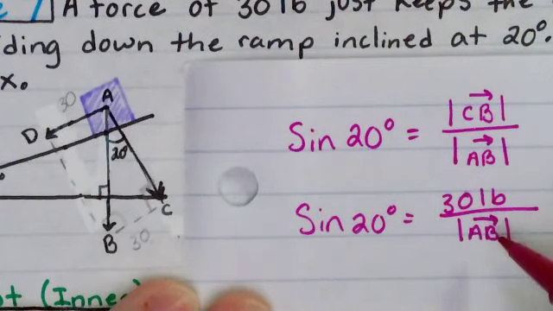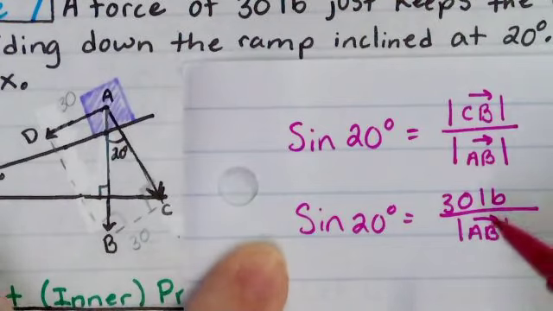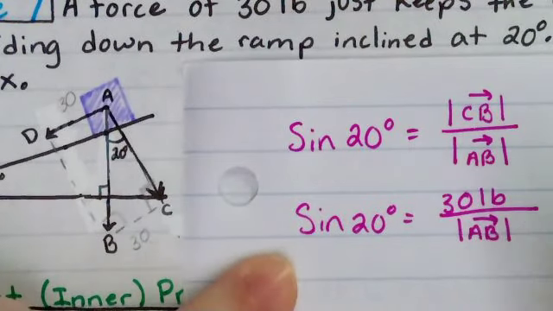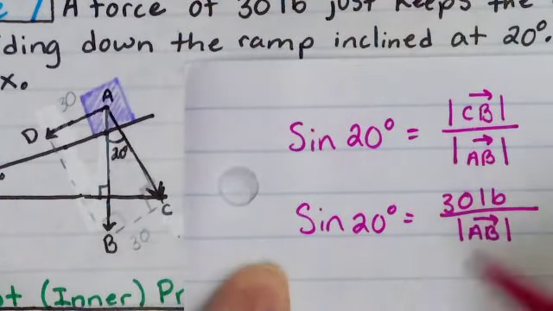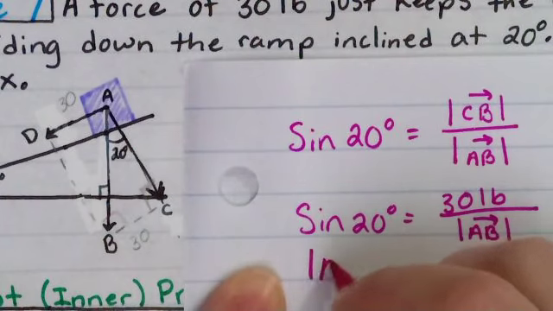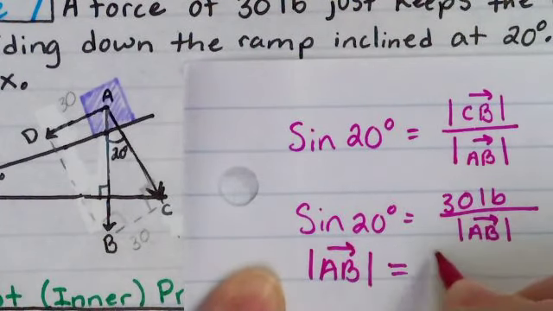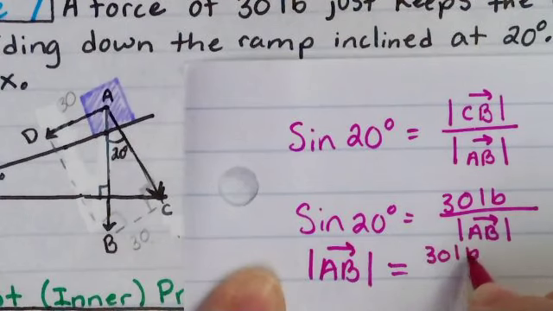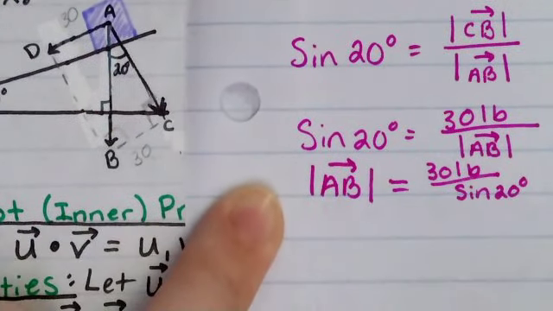Okay, so if I were to solve to get AB by itself, then we have this method where you can multiply both sides by the denominator and then divide by sine of 20. Essentially, that little shortcut that we had was that these guys kind of trade places. Which I know sounds a little bit funky, but when you do the algebra, that is what happens. So we can use that little shortcut.